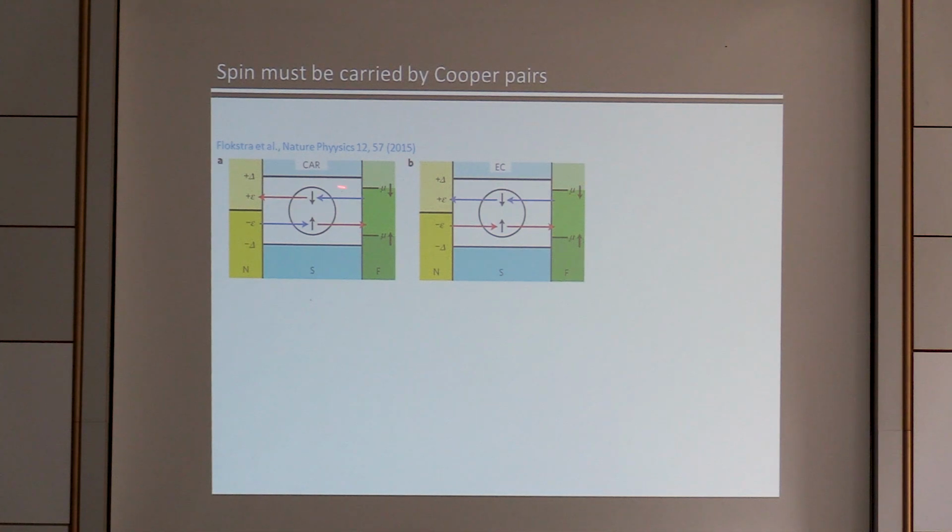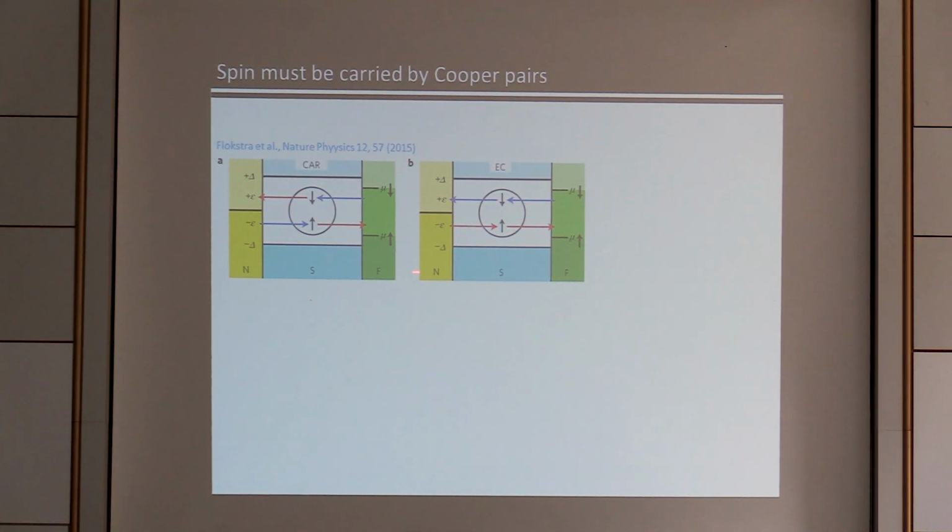Now, we've seen that in an Andreev reflection, a single particle from one interface of the superconductor pairs up with an opposite spin to form a Cooper pair. Cross-Andreev reflection is basically the same thing, but the single spin on one interface pairs up with the opposite spin on the opposite interface to form a Cooper pair.